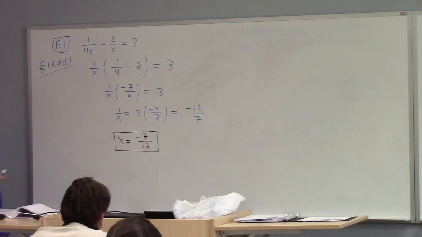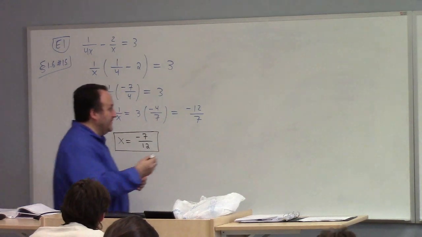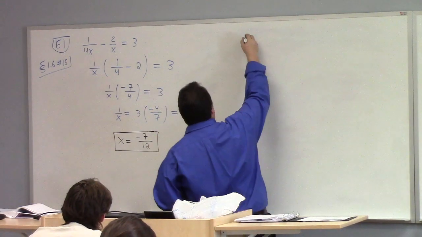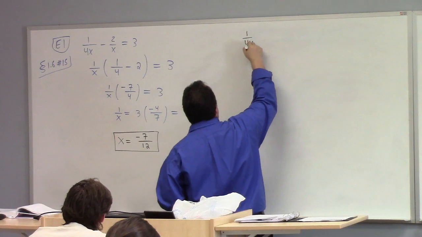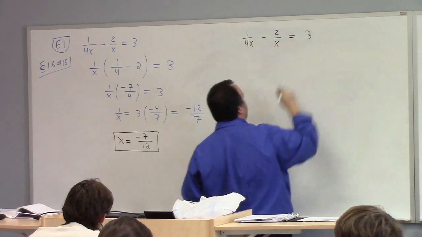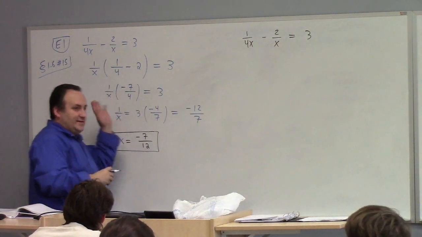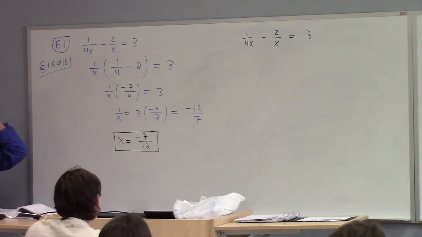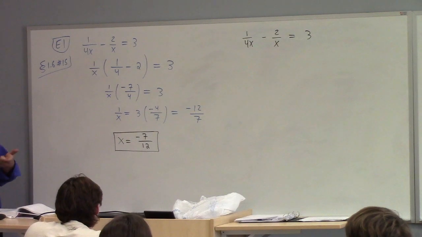Now, doubtless, some of you will not like the way I just did this, right? Here's another way to work this problem. 1 over 4x minus 2 over x is equal to 3. Another way to do this would be to multiply the equation by x.